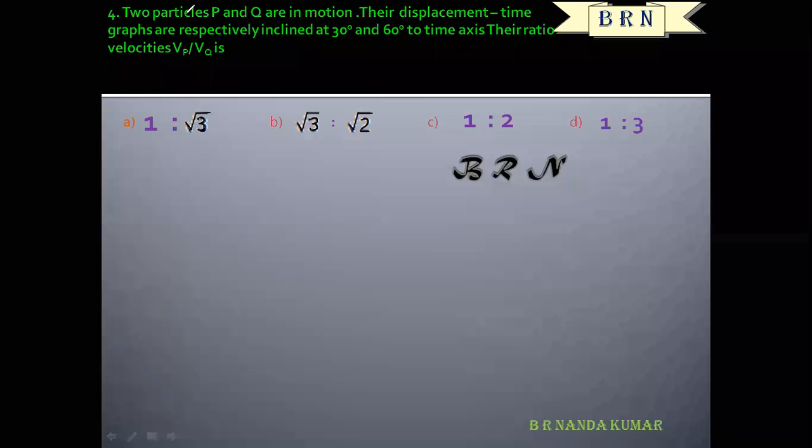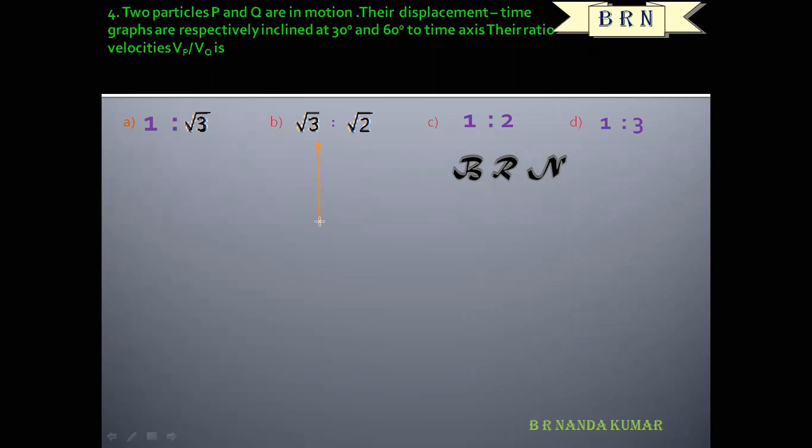Okay, the next numerical: two particles P and Q are in motion. Their displacement time graphs are respectively inclined at 30 degree and 60 degree to the time axis. The ratio of velocities Vp divided by Vq is? Okay, so first, let us consider the displacement time graph.